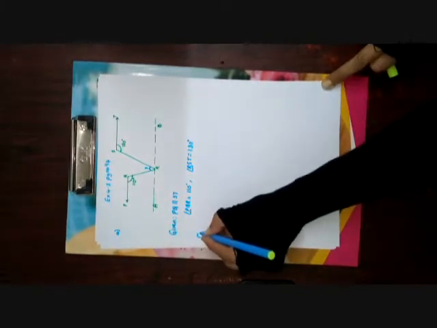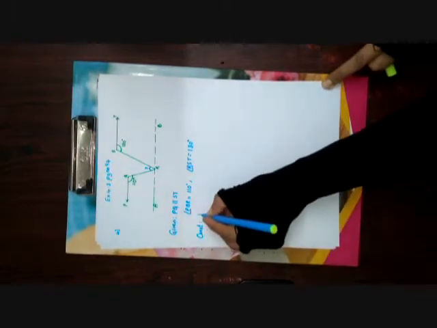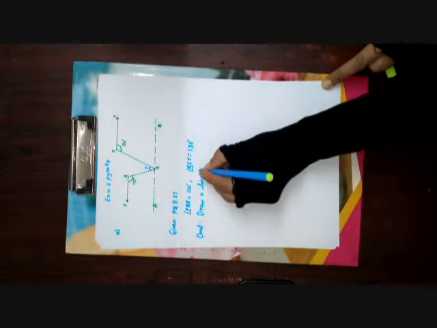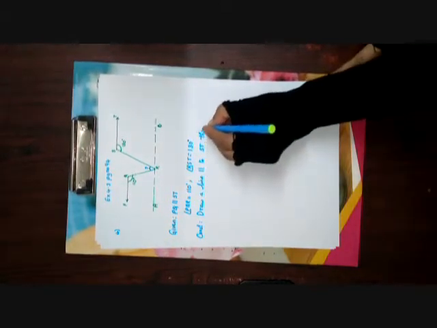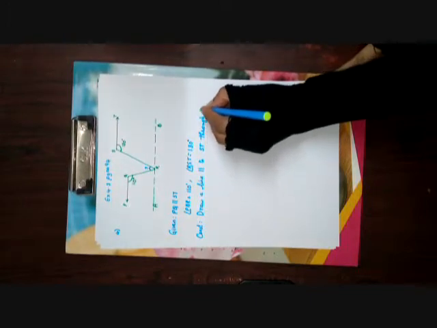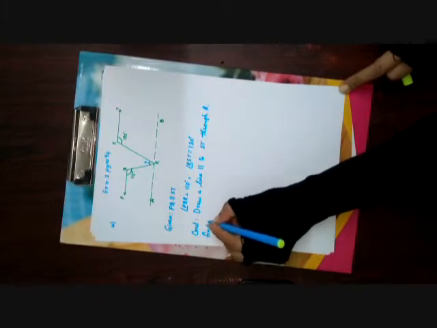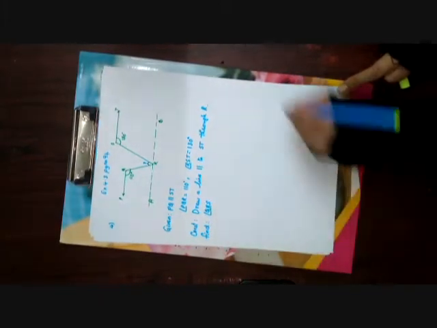We did a construction, so we have to mention that also. What is the construction done? We have to draw a line parallel to ST through R. Is that clear, children? And what do we have to find? We have to find angle QRS.